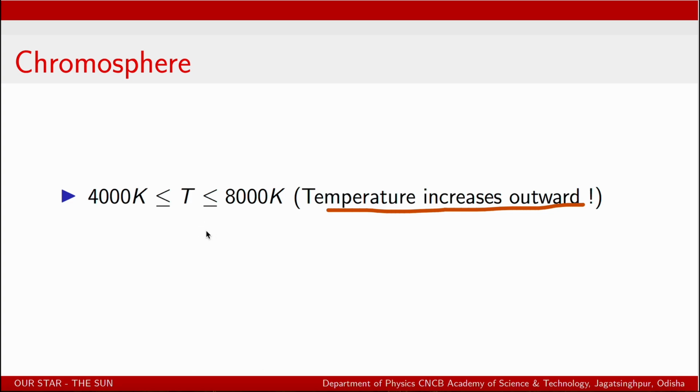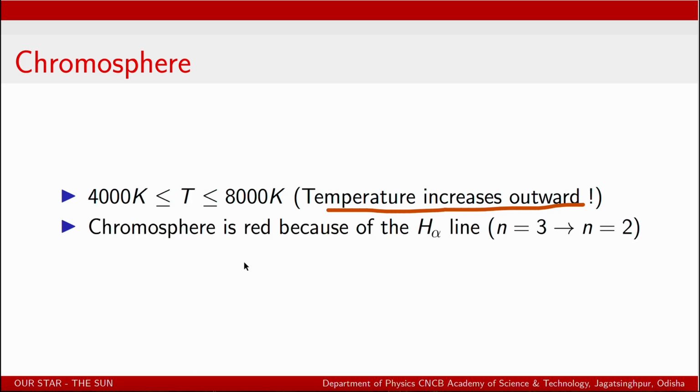So we now go to the next point. One thing is that the chromosphere appears red. And why does it appear red? Because of the H alpha line. The H alpha line is an electronic transition in the hydrogen atom. Since the temperature is not very high, you will have some hydrogen atoms.